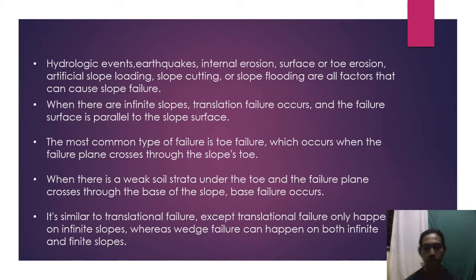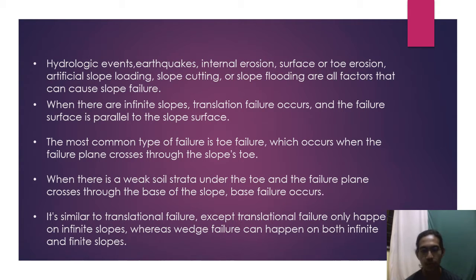Hydrologic events, earthquakes, internal erosion or surface or toe erosion, artificial slope loading, slope cutting or slope flooding are all factors that can cause slope failure. When there are infinite slopes, translation failure occurs, and the failure surface is parallel to the slope surface. The most common type of failure is toe failure, which occurs when the failure plane crosses through the slope's toe.